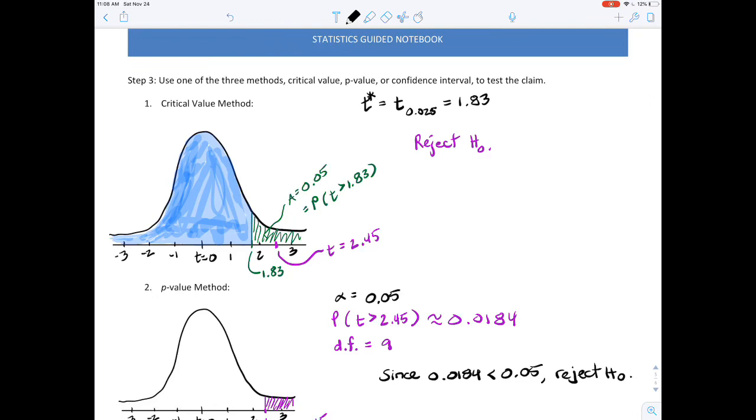And in this one, reject the null, since t equal to 2.45 falls in the critical region. Cool? All right.